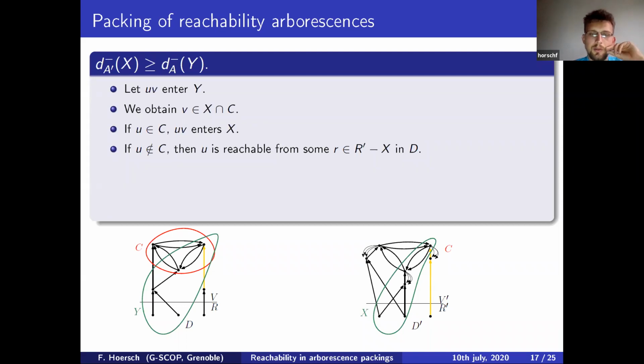So u is reachable from some r. And of course, also uv is an arc entering C. So I know that in this graph D prime, I have created that vertex t_uv.